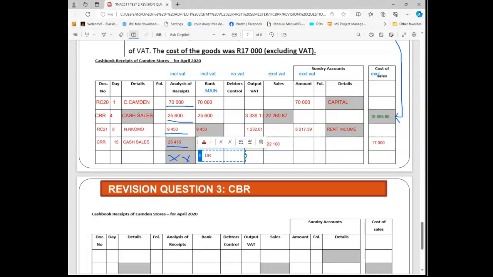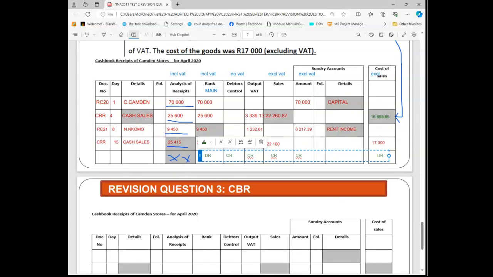So it's going to be debit side, meaning the other columns will be opposite. Oh, sorry, it would be credit. Yes, except cost of sales. How will cost of sales be? Debit. Perfect. So you must always remember that.